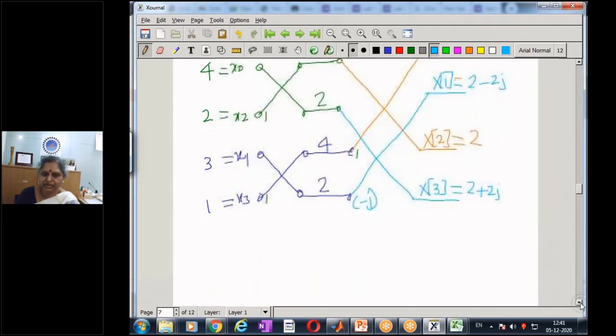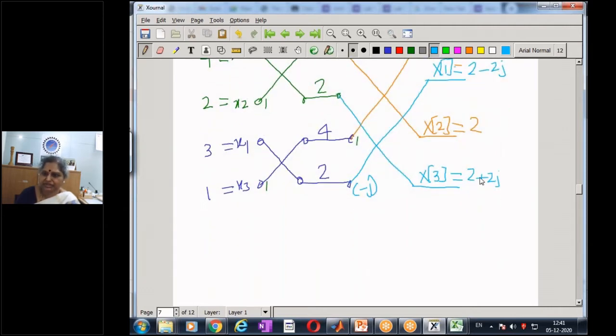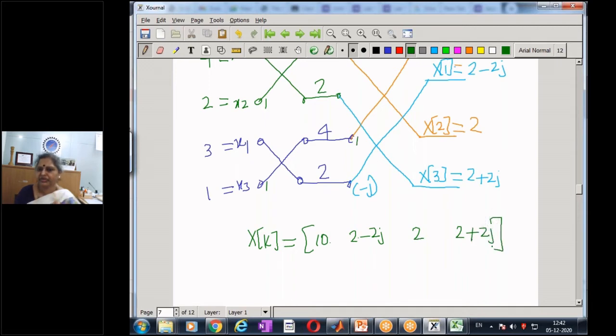Because we have used the branch computation, and so we have the final result, the 4-point DFT of the sequence x of k, which is given by 10, 2 minus 2j, 2, 2 plus 2j. So this is a result we have seen a large number of times.